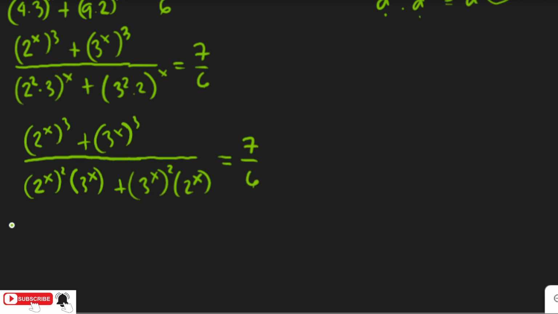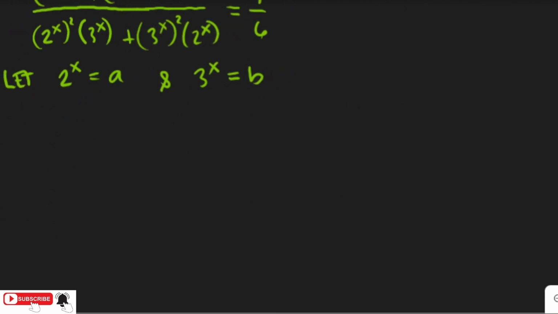And then we can let, say, 2^x equal a, and 3^x equal b. So let's proceed.